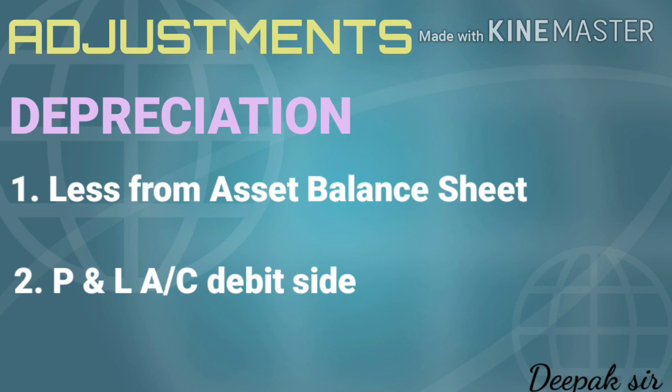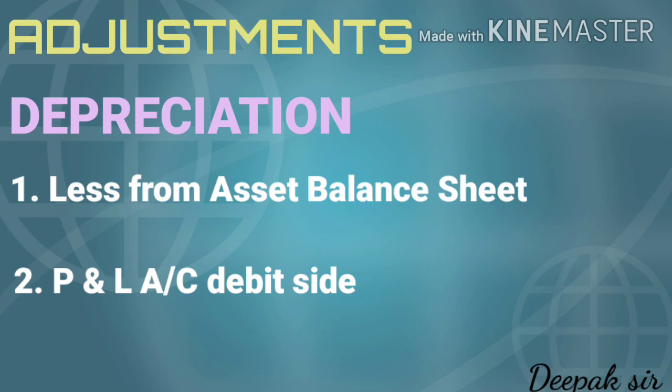Whenever assets value is going to reduce, it is a loss for the business. So the second effect will come in profit and loss account on the debit side. So for depreciation we have to pass 2 effects, less from assets, that is in balance sheet we have to reduce, and second effect will come in profit and loss account on the debit side.